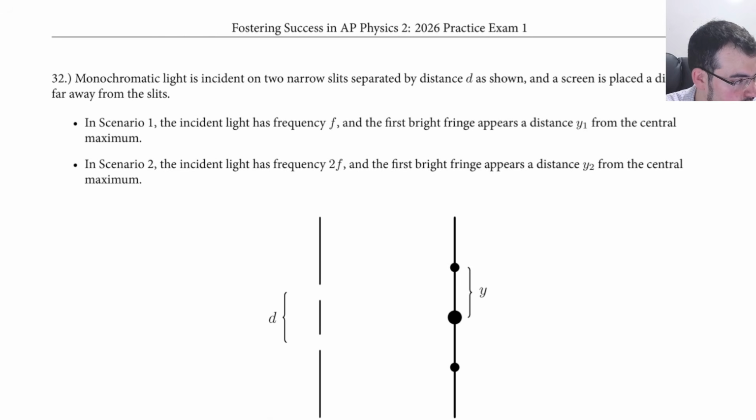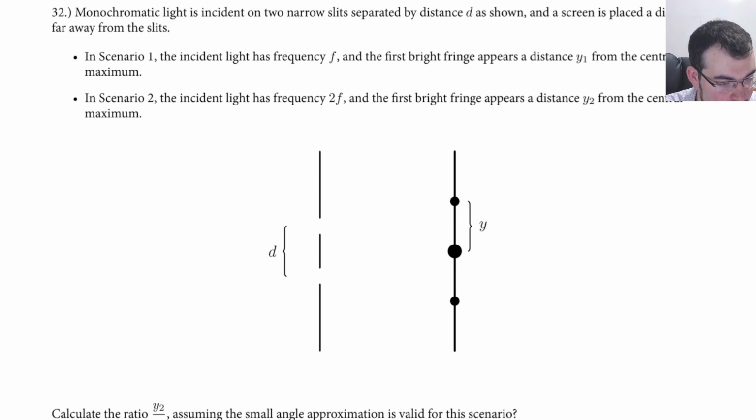Oh, diffraction. How could we forget? We got double slit diffraction going on here, where we're just changing the frequency of light, and we're interested in how that affects the spacing of the bright spots, assuming small angle approximation works.